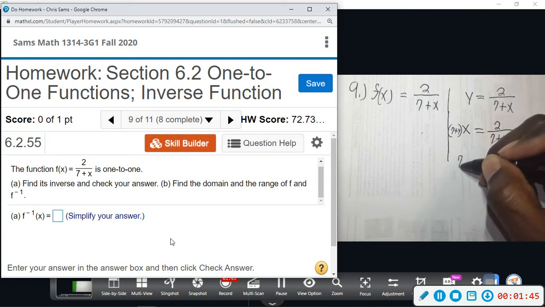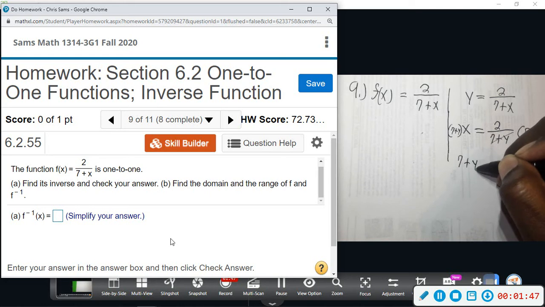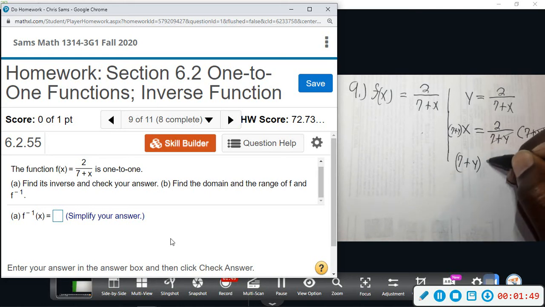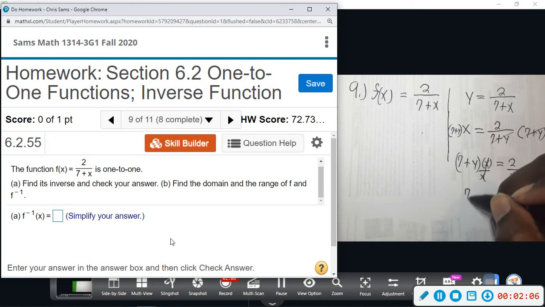So I have 7 plus y times x equals 2. Now we're going to divide by x to get this away from the y term, and that goes to 1. So now we're just left with 7 plus y equals 2 divided by x.